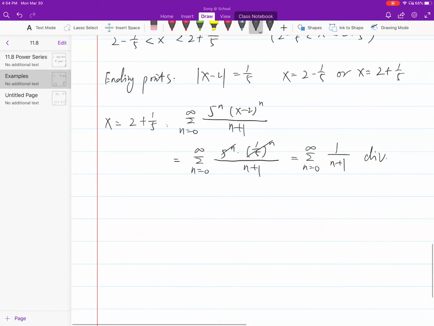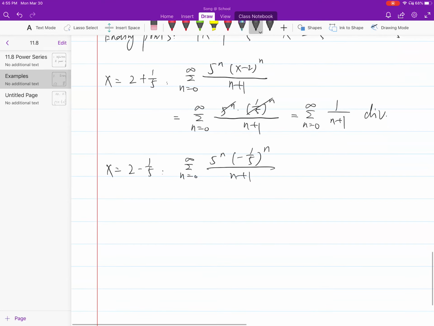Okay. What happens with the other endpoint? You have two of them, remember? Now you can see everything will be the same except this one is going to be negative 1/5 to the n, over n plus 1. Like I said, 5^n and (1/5)^n cancel each other to give you 1.